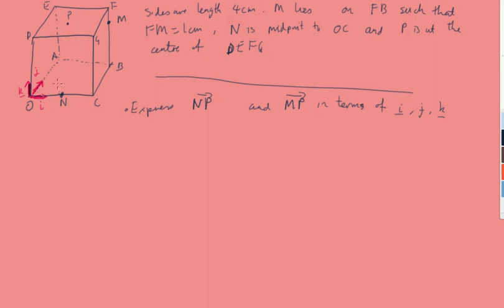So if we come out this y direction, and we think of a point on the bottom square, from N to P, we think of a parallel line that comes out here, which must be 2 along. So NP must equal 2 along J, and then from this point here, you have to go straight up and you'd hit P. And because it's 4 centimetres high, that's 4K.